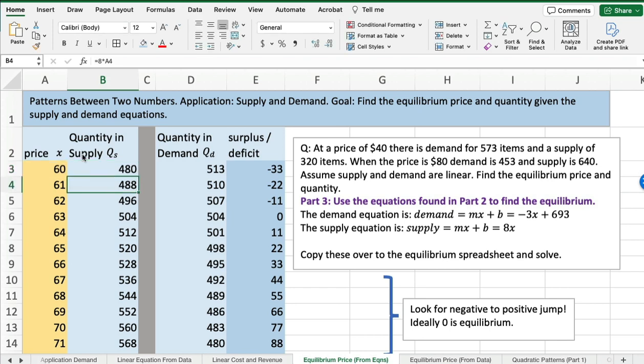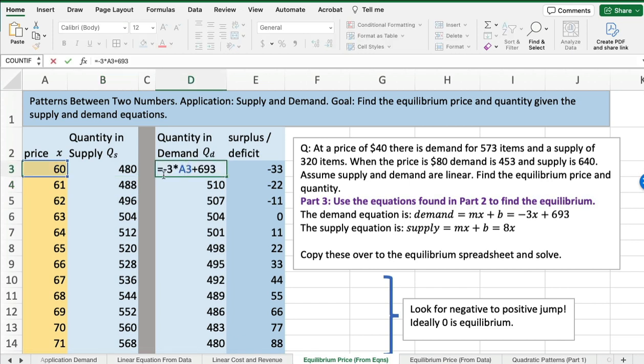And I hit enter, and then I just filled down. In column D, we have the quantity in demand, which is equals negative 3 times x. Our x is in A3. So negative 3 times A3 plus 693. I just basically copied in the equation that we found for our demand equation.